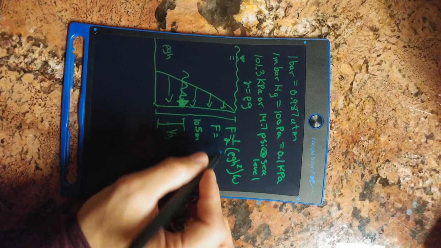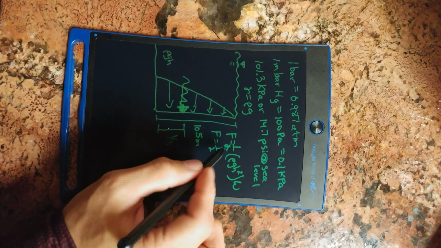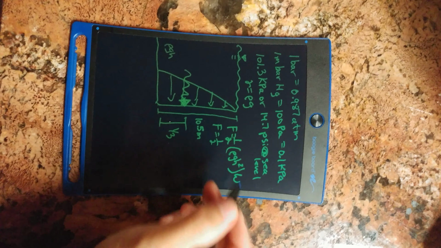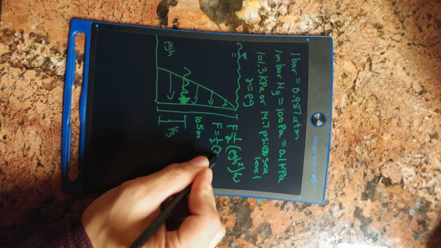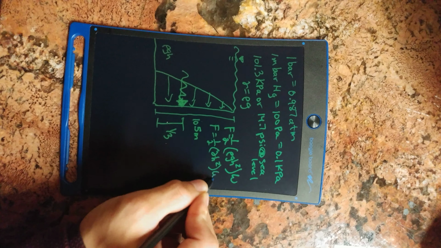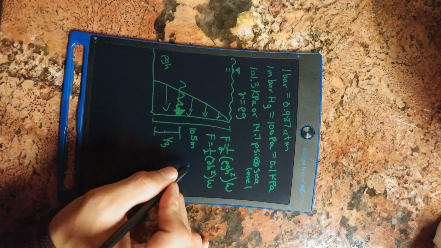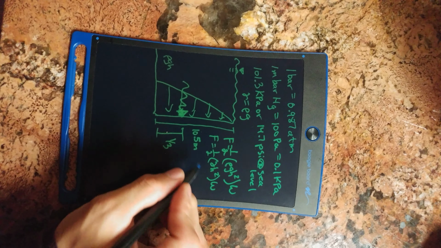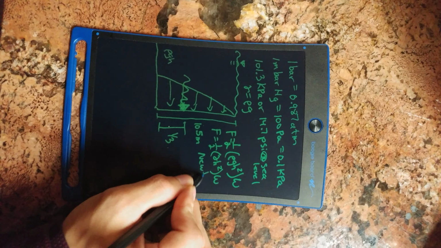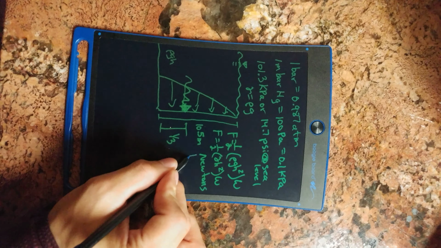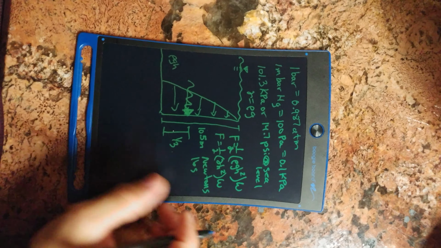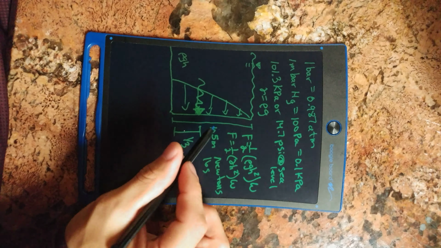In US units, this is metric, but you can also use it in US. But in US, it's easier if you use gamma: gamma H squared times the width, and the force is going to be in newtons or pounds.